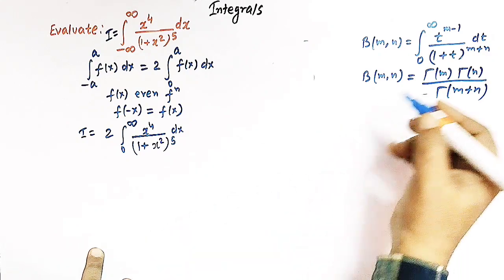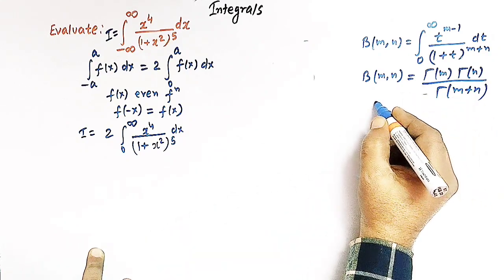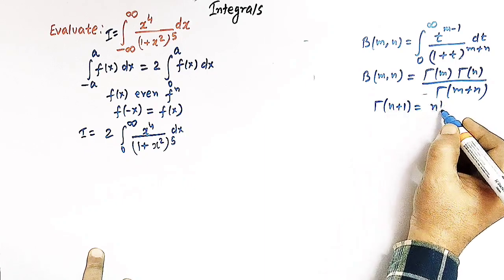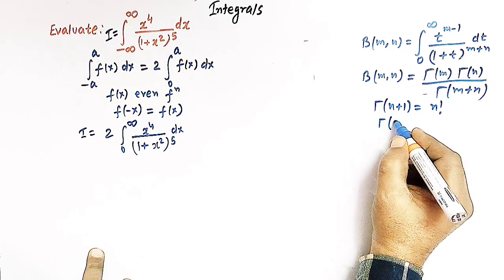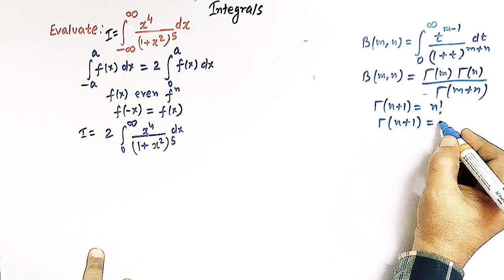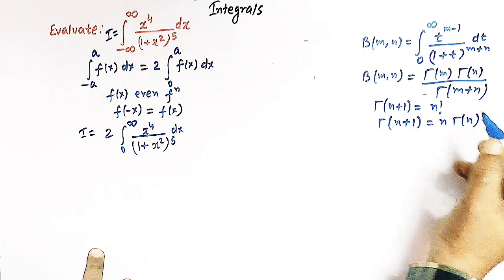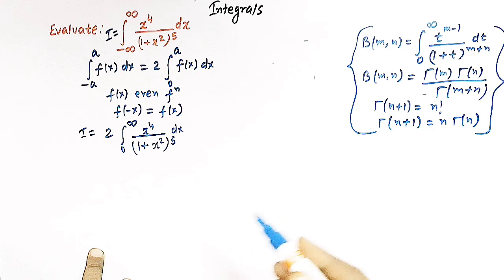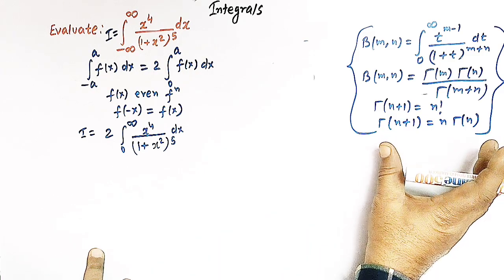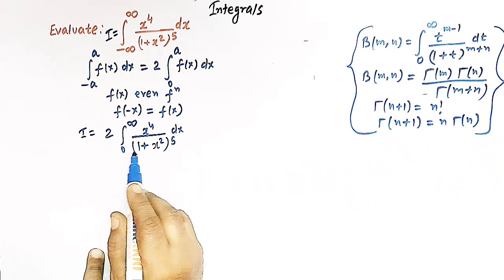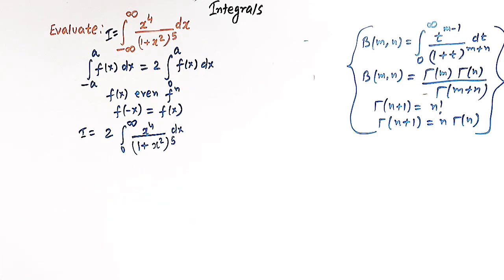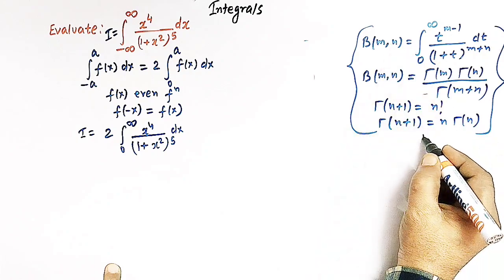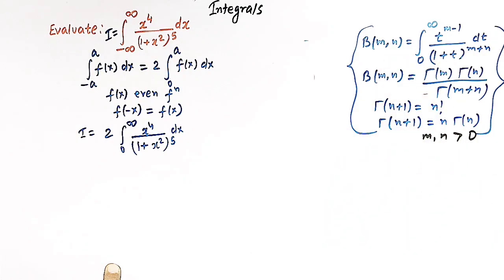We'll also use gamma n plus 1 is equal to n factorial, and gamma n plus 1 is equal to n gamma n. These are important results from the theory of beta and gamma functions which will be used to solve this integral, and here m and n are greater than 0.